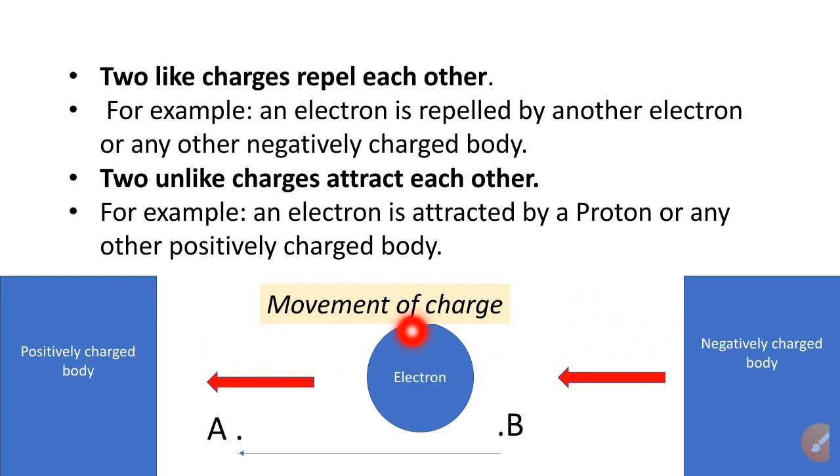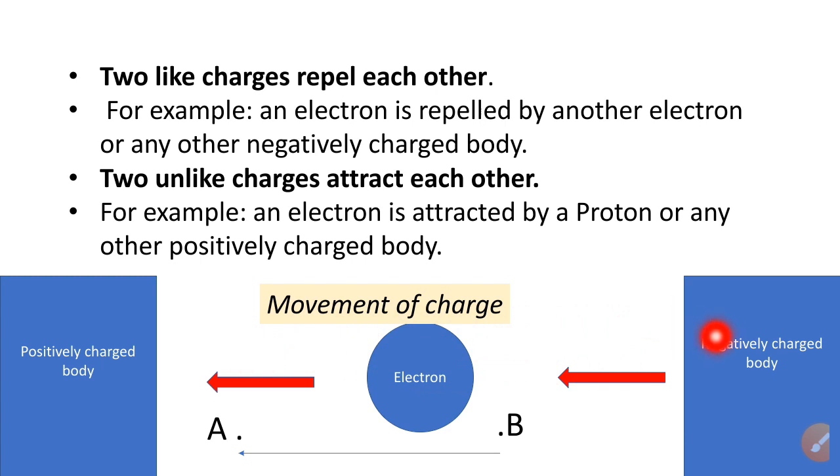So there is a movement of electron, movement of charged particle, between those two charged bodies. Okay, this arrow shows the movement, and here there are two points B and A, and we will say that the electron is moving from point B to point A. So this is because of the force of attraction and repulsion.